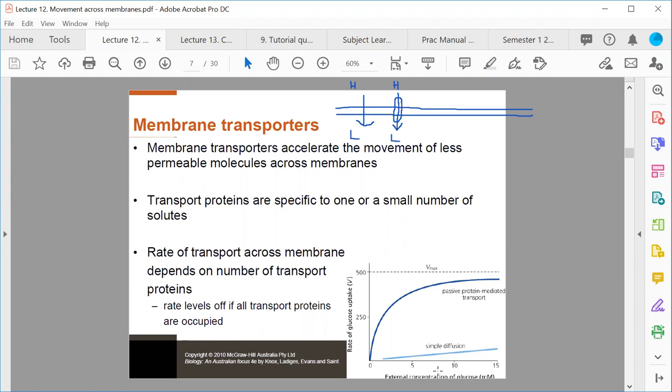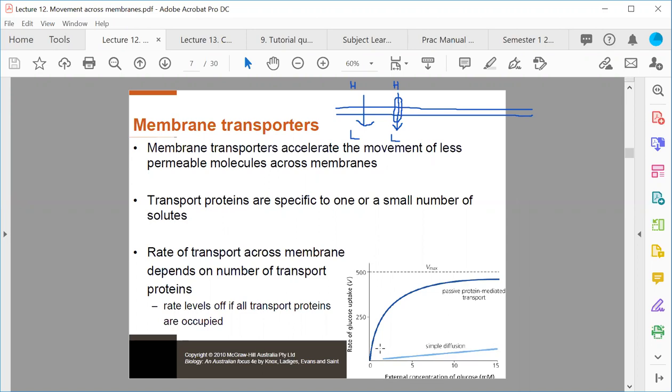So this is the concentration of glucose outside the cell from 0 to 15 millimolar. Now, if we were just talking about simple diffusion directly through the actual membrane itself, let's look at the rate. Here it is here, simple diffusion. It's quite low. It does increase as the external concentration of glucose increases. So glucose can move across the membrane, but very, very slowly.